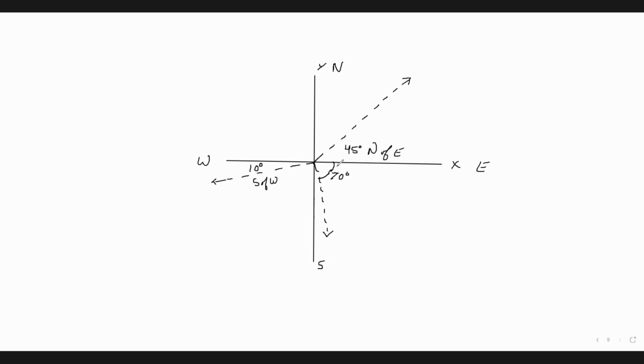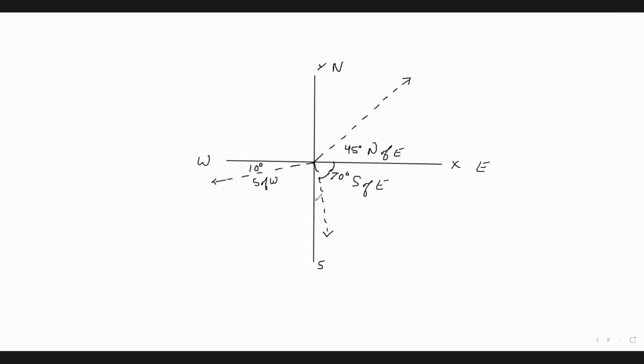Well, you can describe it precisely. You can say 70 degrees south of east. So south of east means start going in the east direction and then move towards the south 70 degrees, and that's your direction. Obviously, that would be the same thing as 20 degrees east of south, but nobody says it that way.